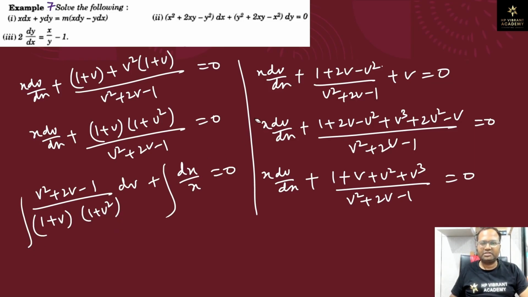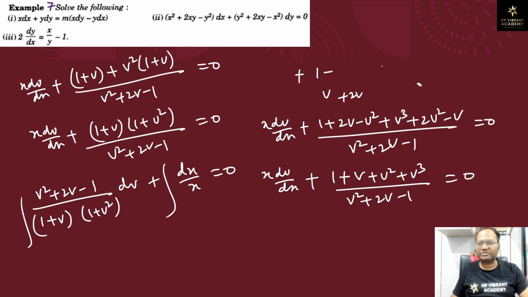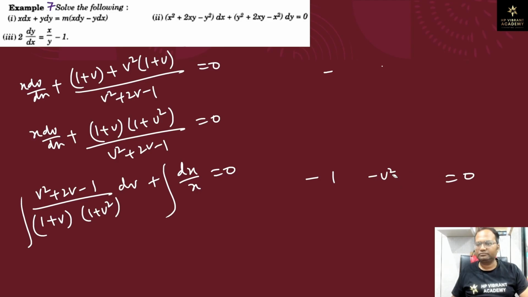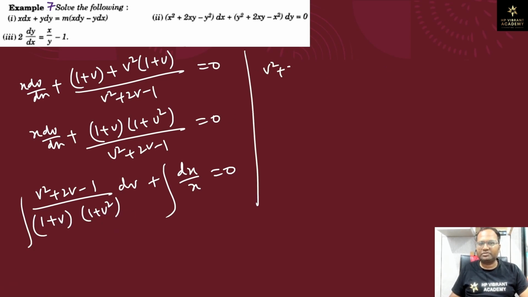So we have this as, let us use the concept of partial fraction for this. So we have (v square plus 2v minus 1) upon (1 plus v square).